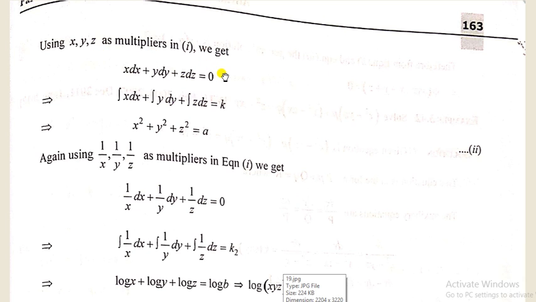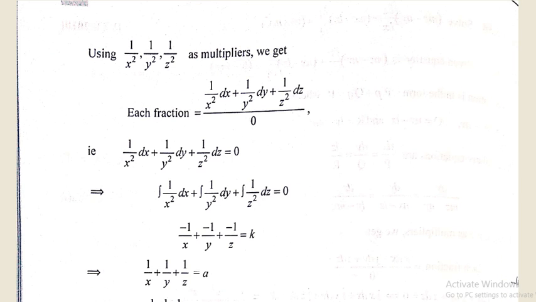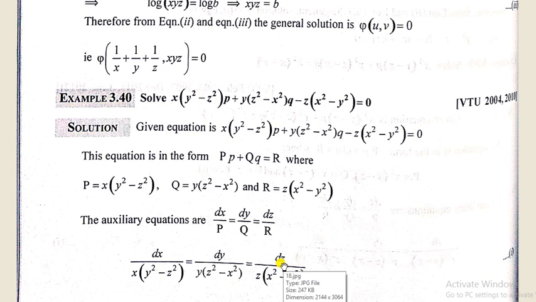You multiply the numerator by x, y, z and the denominator also by x, y, z, and then add the terms. Multiply the first term by x, the second by y, the third by z. So the numerator is x dx + y dy + z dz. In the denominator, multiplying the first term by x, it becomes x² times (y² − z²), that is x²y² − x²z².